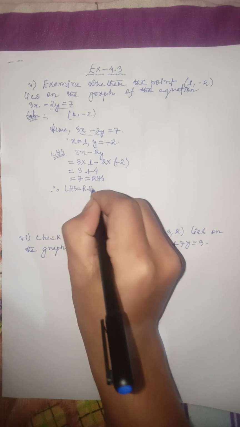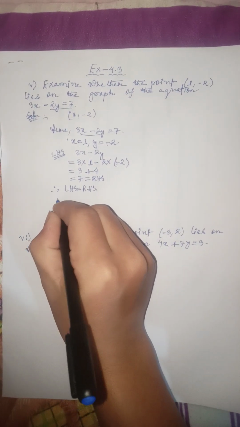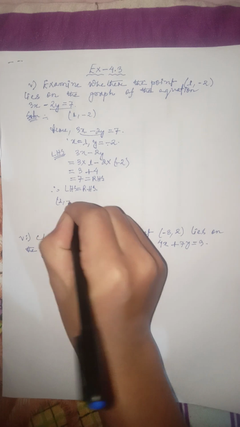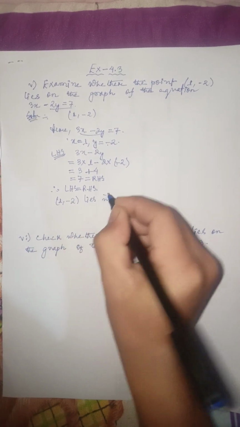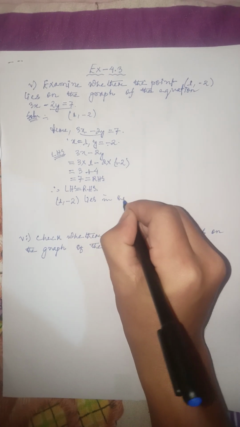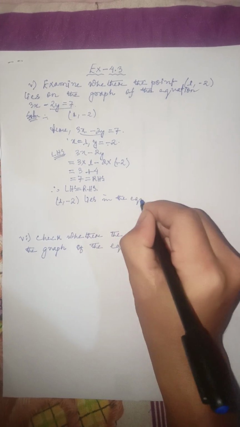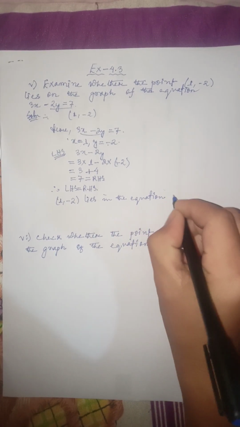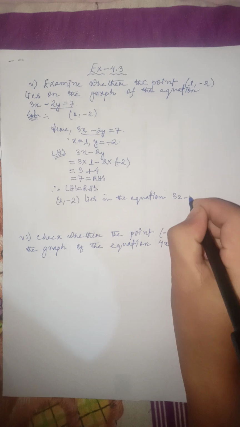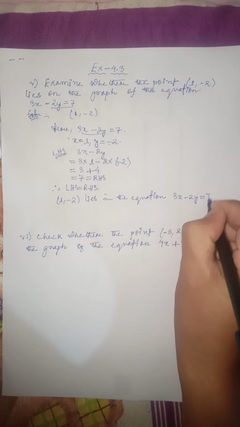At last, we can say that the given point, what is the given point? It is 1, minus 2. It lies on the equation. What is the equation? It is 3x minus 2y equal to 7, right?